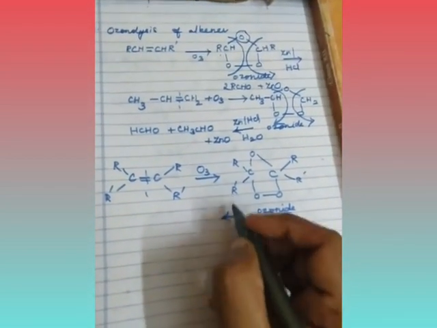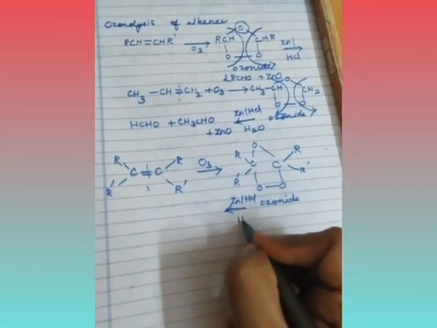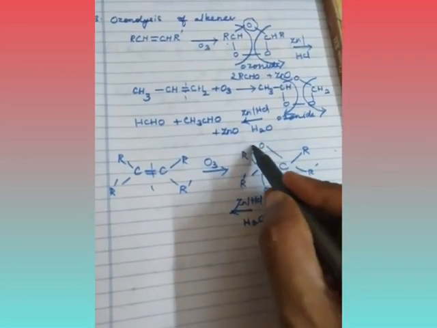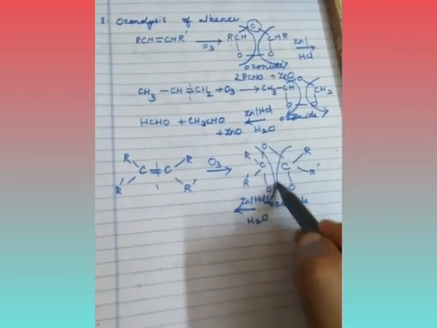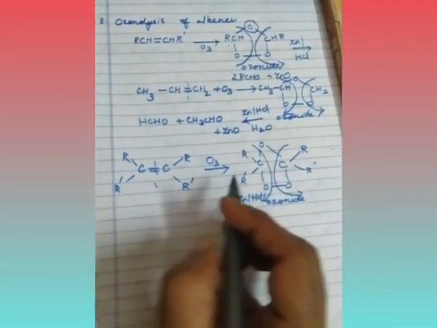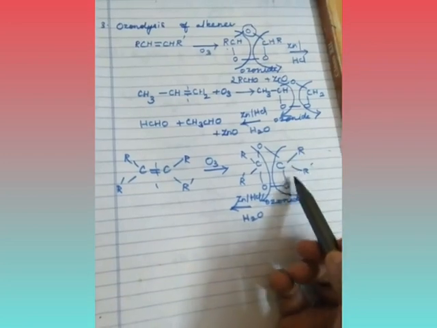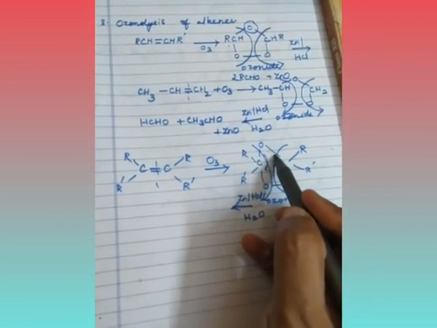Now it undergoes hydrolysis. In presence of zinc and HCl, it undergoes hydrolysis. So the same thing will be here, I can put like this. Look at here, R dash C double bond O. We can write R dash C double bond O. So just draw the bond here.